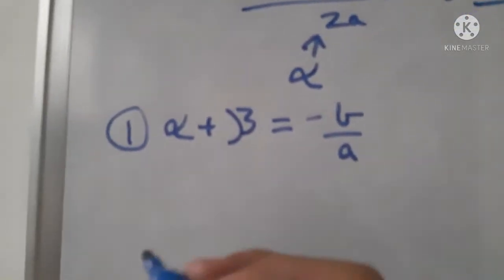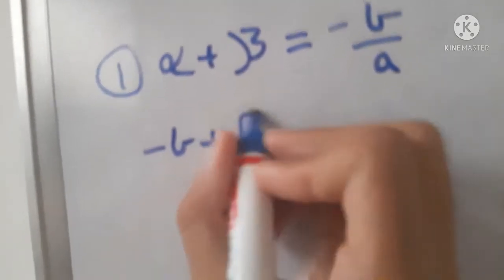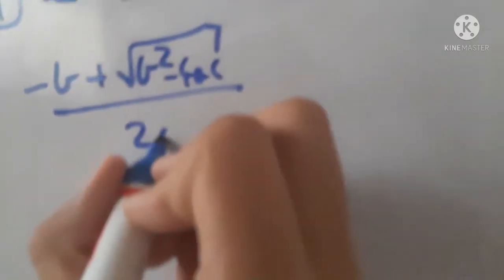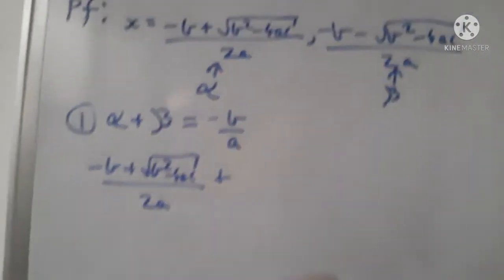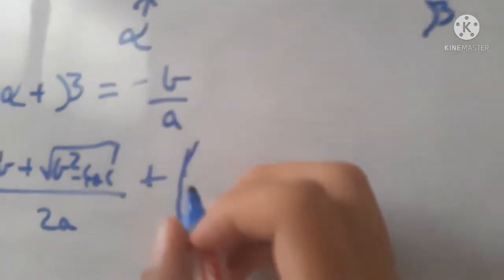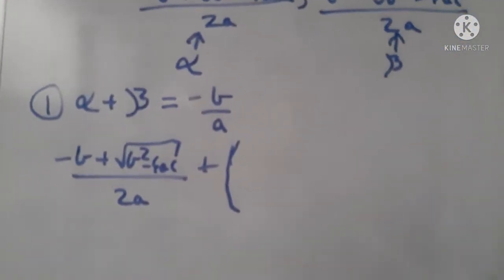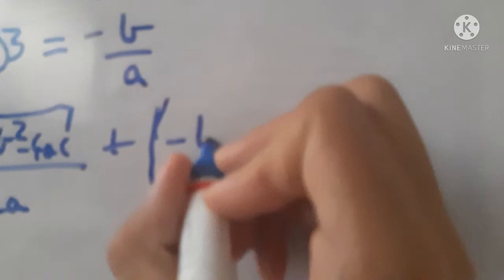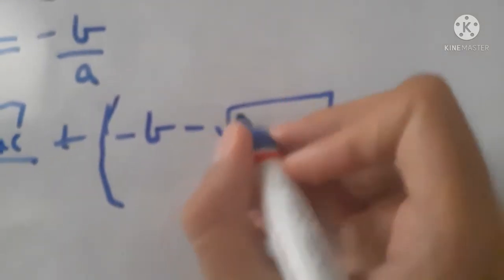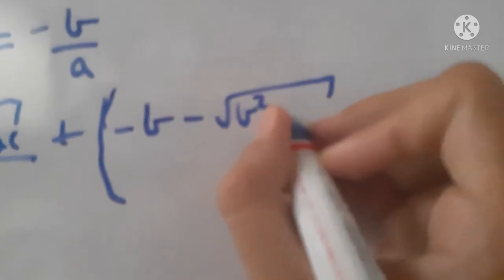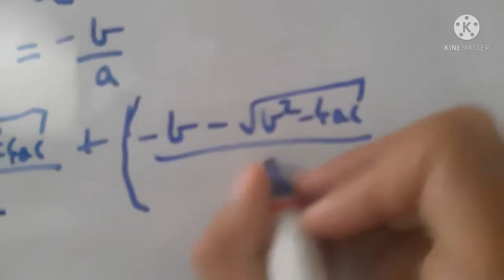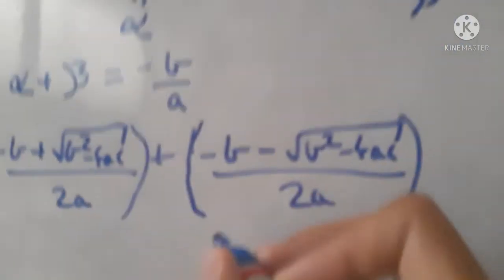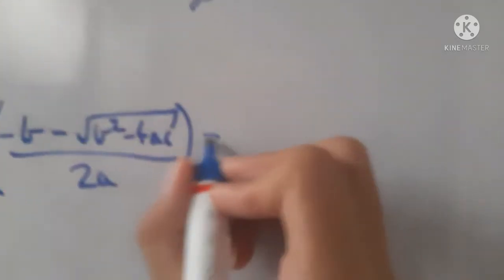Alpha is minus b plus the square root of b squared minus 4ac upon 2a, plus, now we'll have to put in the parentheses, do not forget to include these, minus b minus the square root of b squared minus 4ac upon 2a. I'll put parentheses around this one too, and of course our claim is that this is equal to minus b upon a.